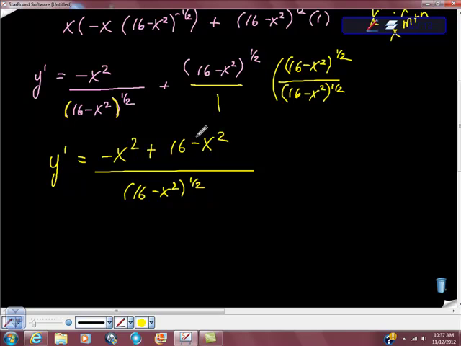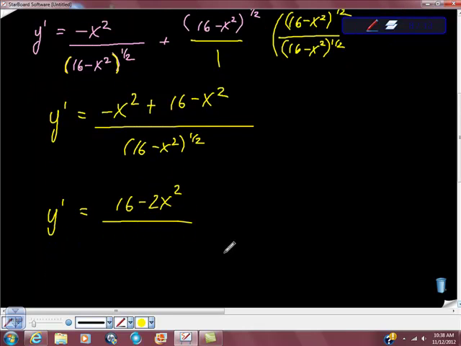Combine like terms, we have negative x squared here and negative x squared here. That gives us 16 minus 2x squared, doesn't it? Is that okay? All over 16 minus x squared to the 1/2 power.